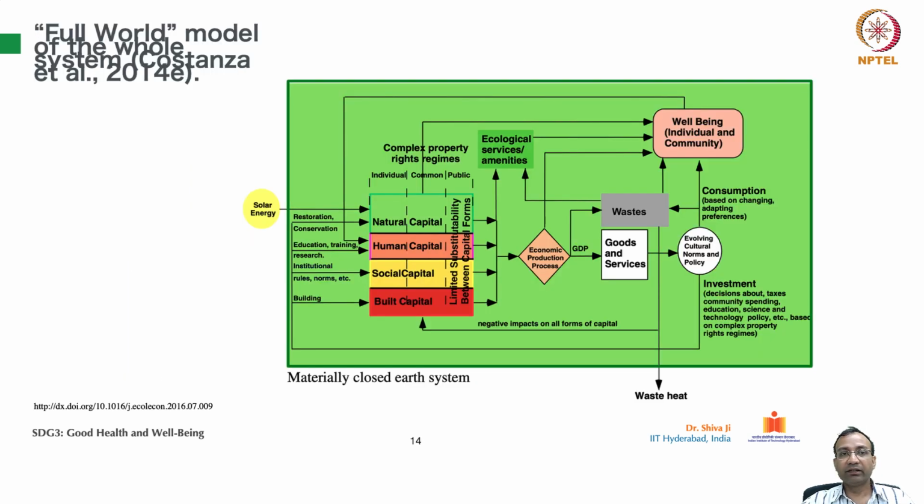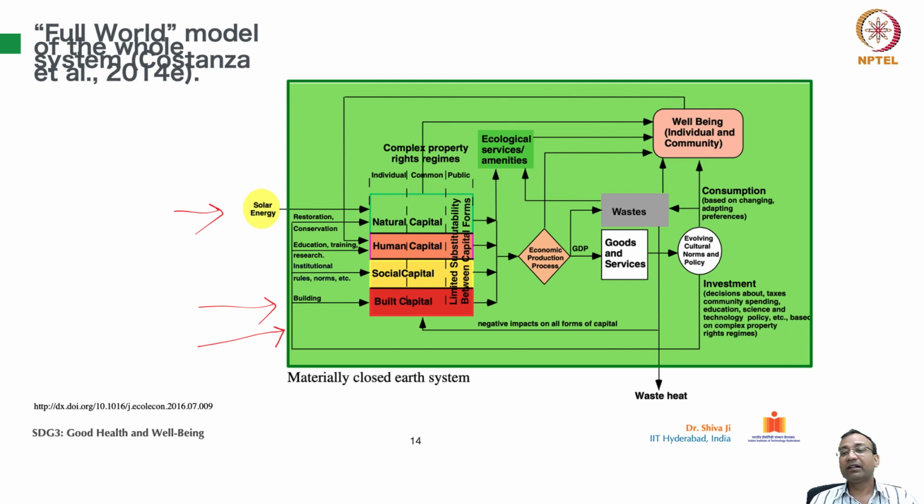Let me move ahead. Yeah, this is a systems model, a full world model, as you can see in the title, where it talks about how this whole thing is related to each other. Okay, so if you see this external dark green boundary, it is the system boundary as we undertake exercises in LCA. Okay, and the input which is coming from outside is the solar energy that gives light, heat, and everything.